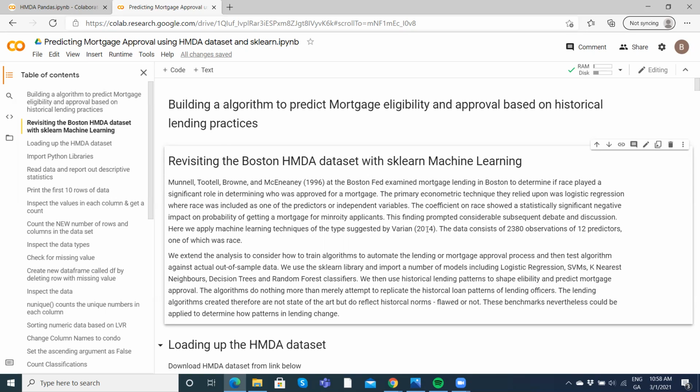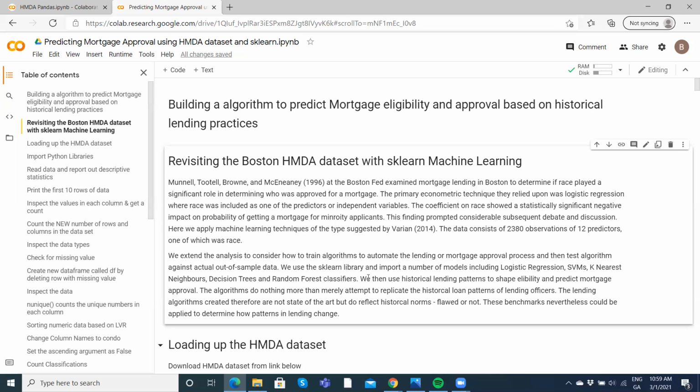We're going to set aside the question of discrimination here and focus mainly on how we develop algorithms to automate lending or mortgage approval, and then test the algorithms with actual out-of-sample data, and then apply a number of models, including logistic regression, support vector machines, k-nearest neighbors, decision trees, random forest classifiers, and then take the historical lending patterns and use that to synthesize an algorithm that replicates those lending behaviors.